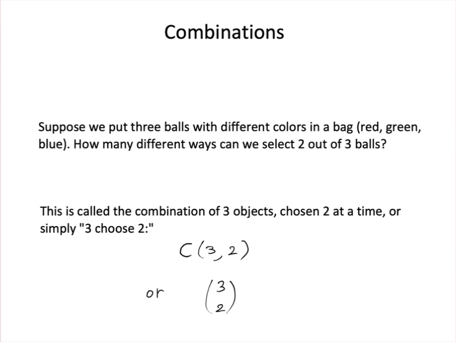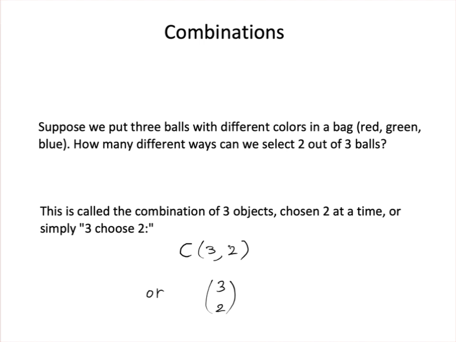In this case, we say what is the combination of three objects chosen two at a time, or simply 3 choose 2. And we have two ways of denoting that. Either we say C of 3 comma 2. C stands for combination. The bigger number, the total number of objects, comes first, 3 in this case.